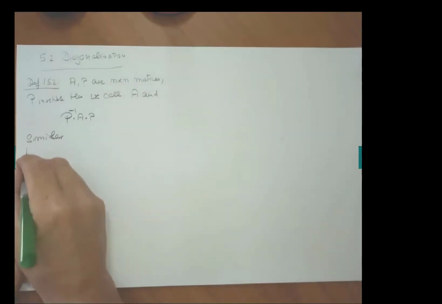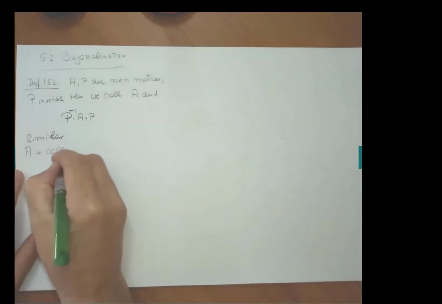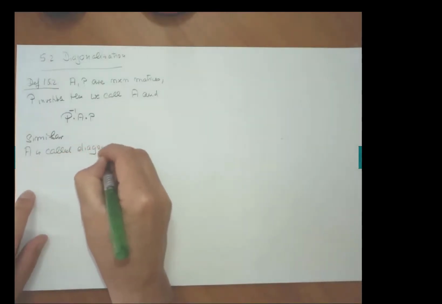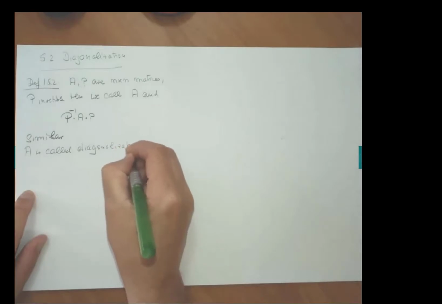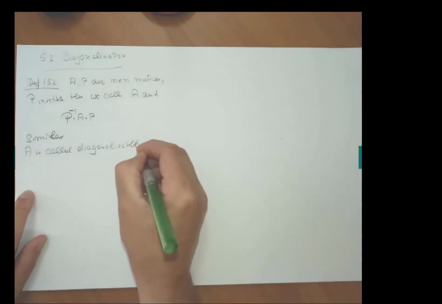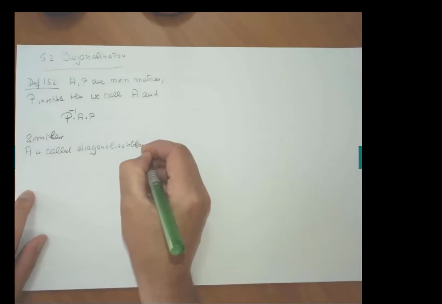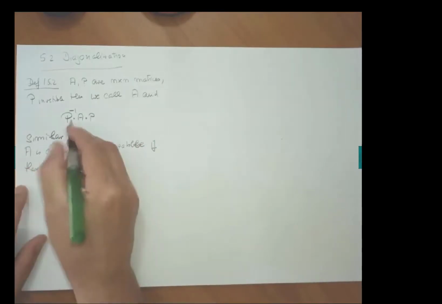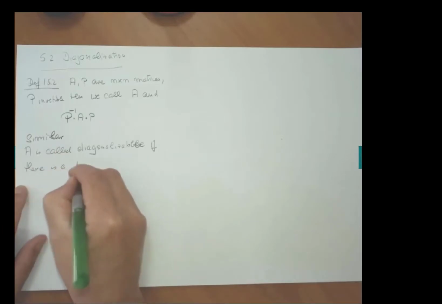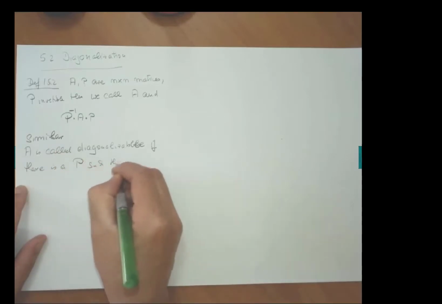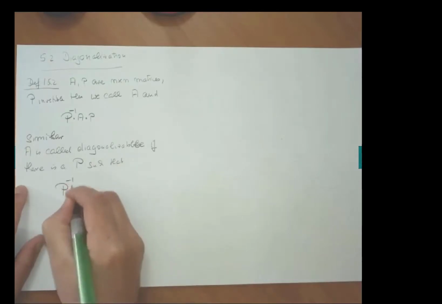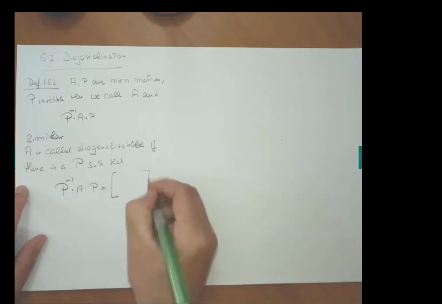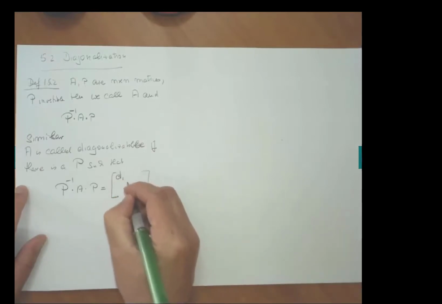So A is called diagonalizable if there is a matrix P such that P inverse AP, which is similar to A, is actually a diagonal matrix.